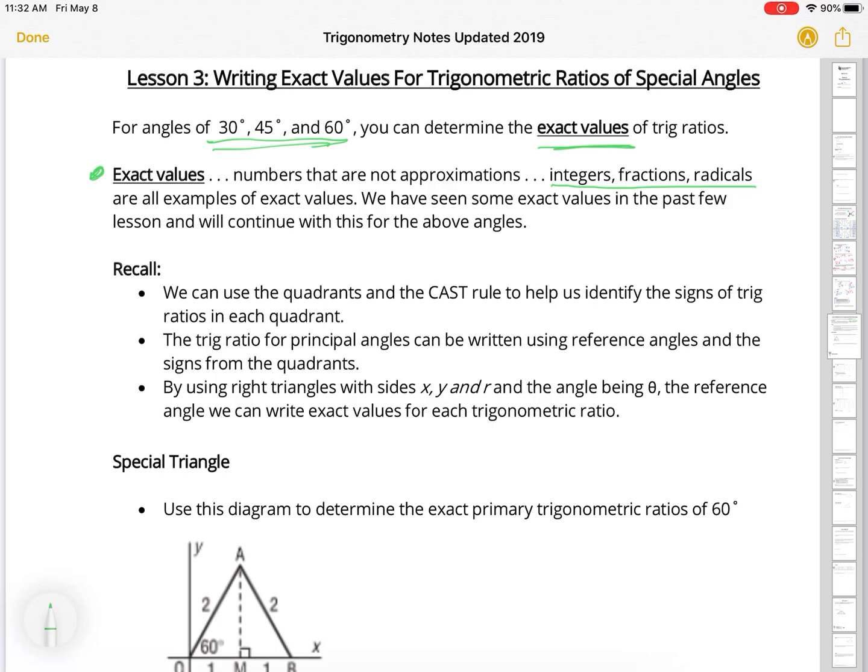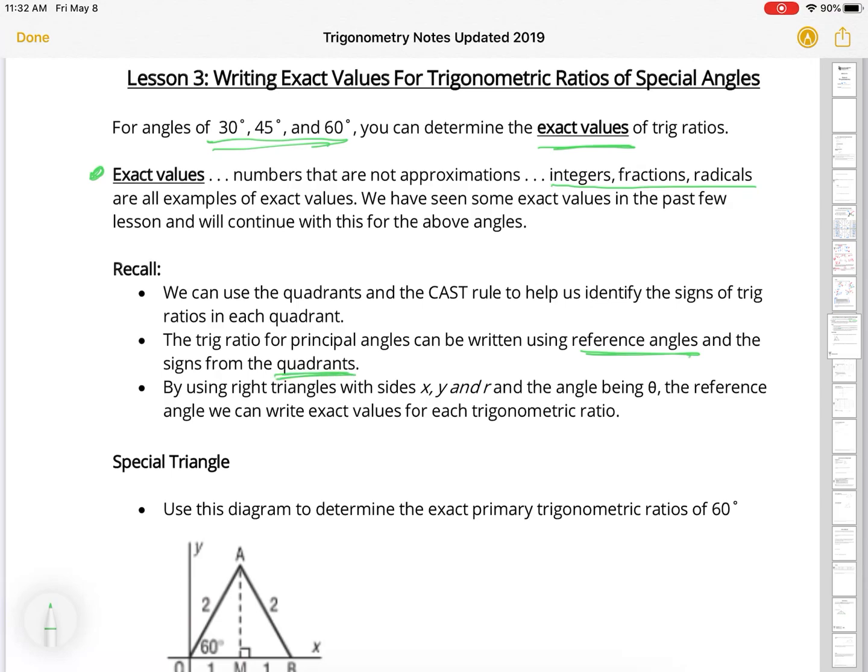Now, remember, we can use the quadrants and the CAST rule to help us identify the signs of trig ratios in each quadrant. So you need to think about what quadrant those ratios are occurring in. If you have 192 degrees, two of the trig ratios are going to be negative and only one of them will be positive.